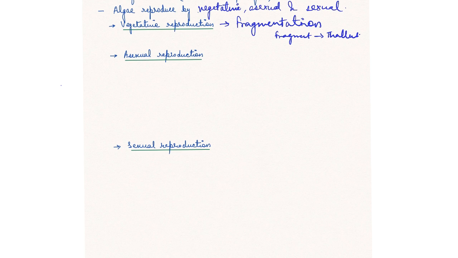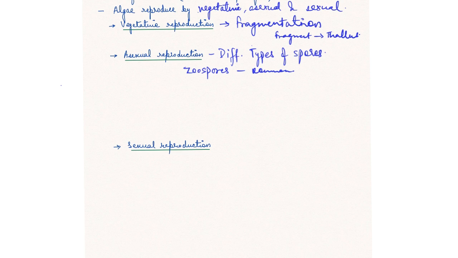Okay, now what happens in asexual reproduction? It can happen through different types of spores, and the most common one is the zoospore.